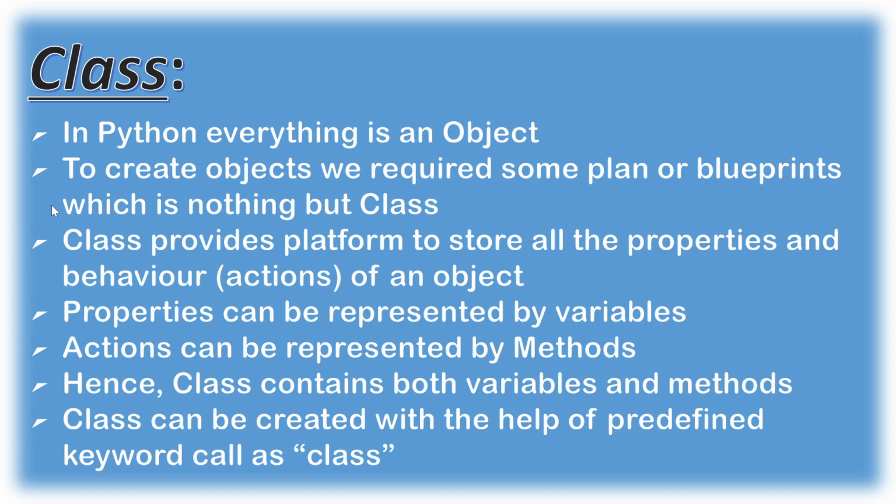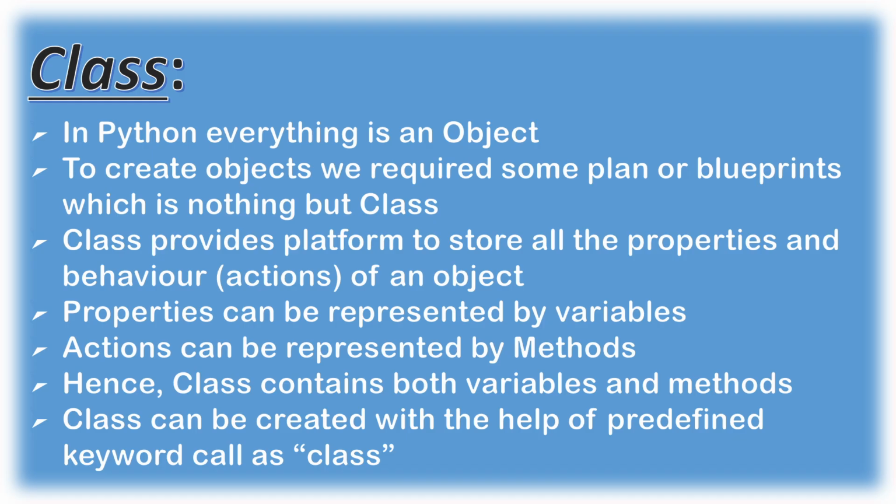Class is nothing but, in Python everything is an object, we know, right? So to create objects we require some plan or blueprint, which is nothing but a class. Class provides a platform to store all the properties and behavior of an object.